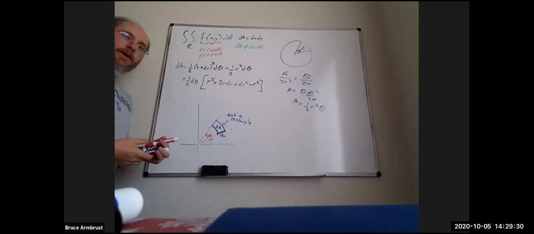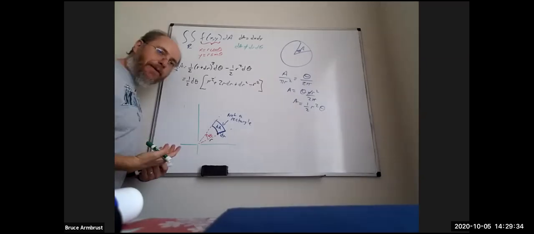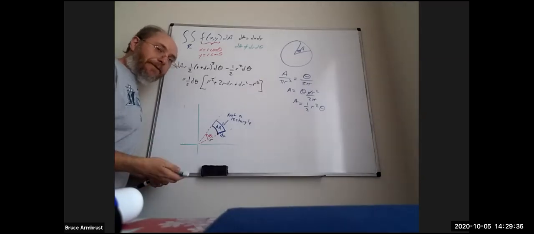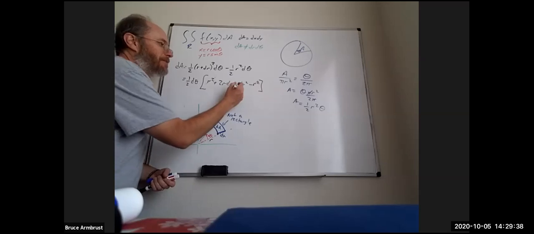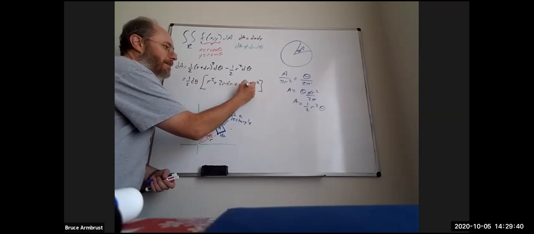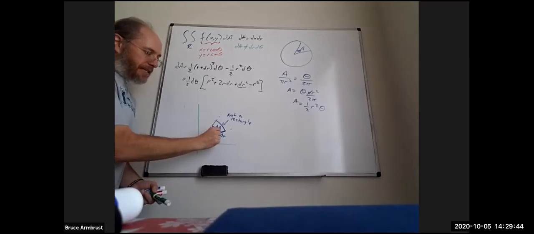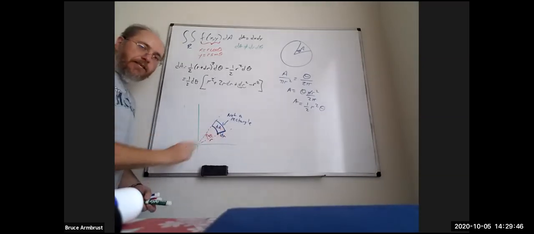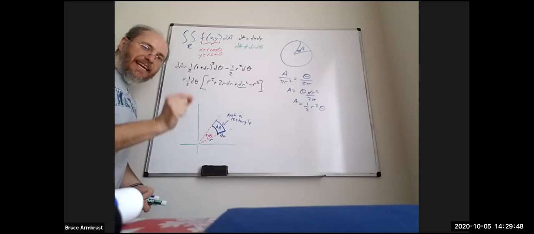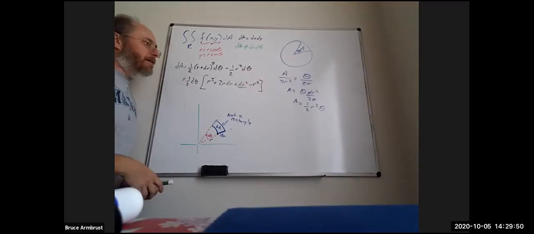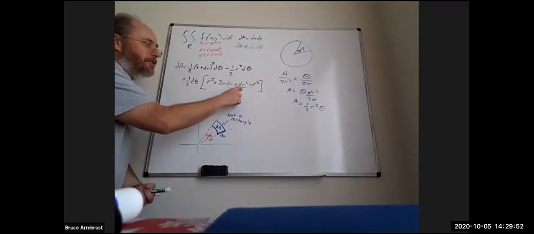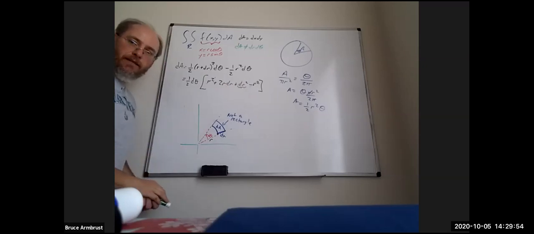Now we're going to do one thing that you may not like, but I'm in charge, so I get to do what I want. No, here's what we're going to do. Think about dr squared. Dr is a little tiny step in the r direction, so it's already infinitesimally small. What happens when you take something super small and you square it?